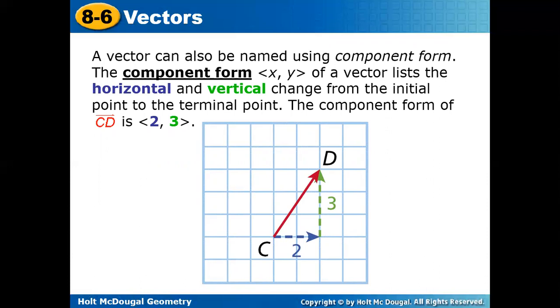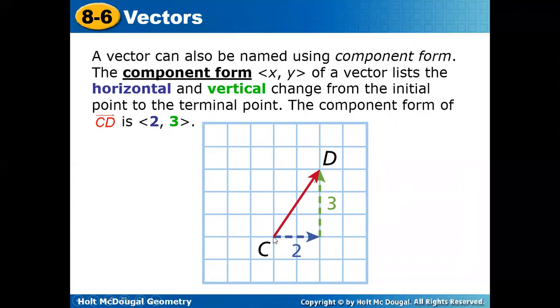A vector can also be named using component form. What is the component form? It's two brackets like this, a bracket with X and Y. This is component form of a vector. It lists the horizontal and the vertical change from the initial point to the terminal point.